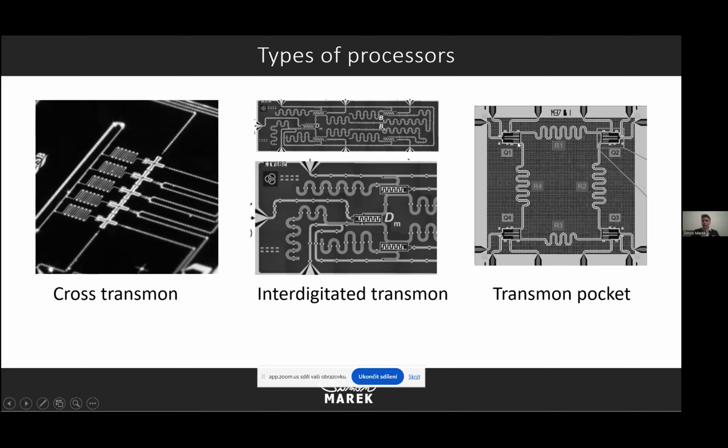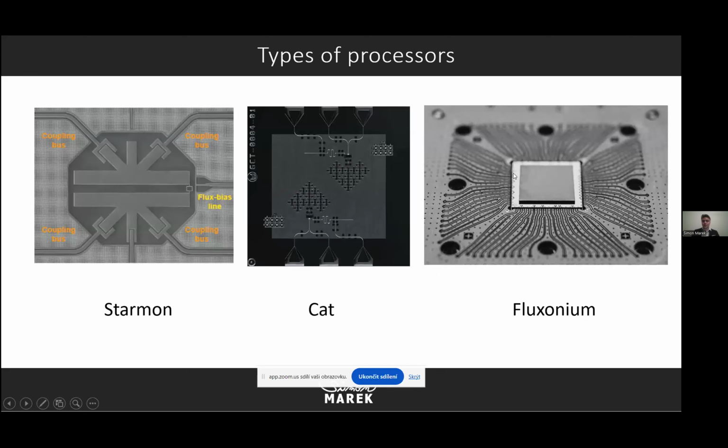First two are coupling buses, and the second one is readout resonator, and there is also, I think, some flux bias. Also, there is Starmon, which has four coupling buses, one flux bias, and one microwave drive pin, and one readout resonator. And here is our squid, which is two Josephson junctions in parallel, like I mentioned.